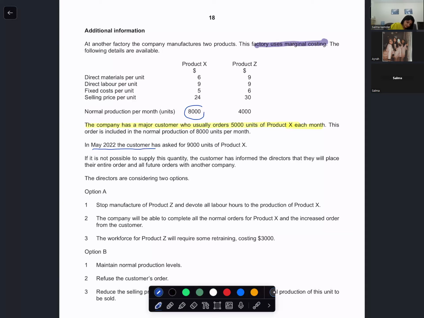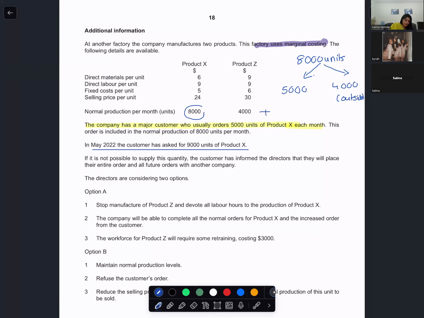In May 2022, the customer has asked for 9,000 units of product X. It is not possible to supply this quantity. The customer has informed the director that they will place their entire order and all future orders with another company. So this customer is telling you give me 9,000 or don't give me anything. Normally we had 8,000 units; this customer always placed 5,000 and 3,000 units was outside demand.